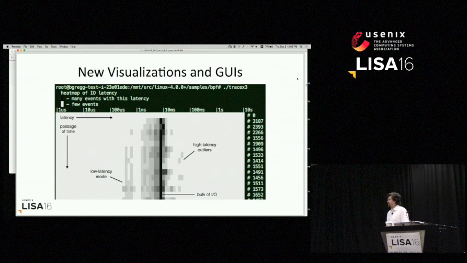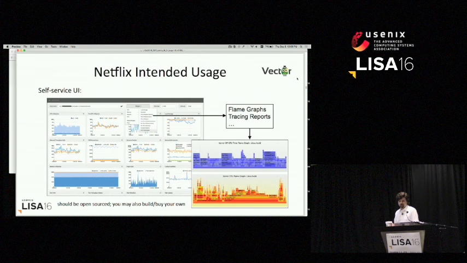So now that BPF is coming in the 4 series, I hope this becomes more commonplace when you use performance tools. Heat maps are great because you get to see whether it's a multimodal distribution, you get to look at latency outliers, you get to see how that changes over time. So it's more than just a histogram. And we should see more visualizations and GUIs now that people can access so much more information from the kernel.